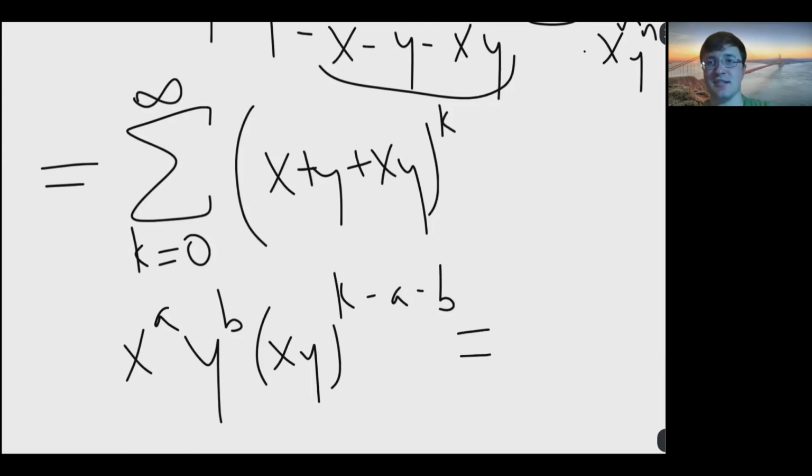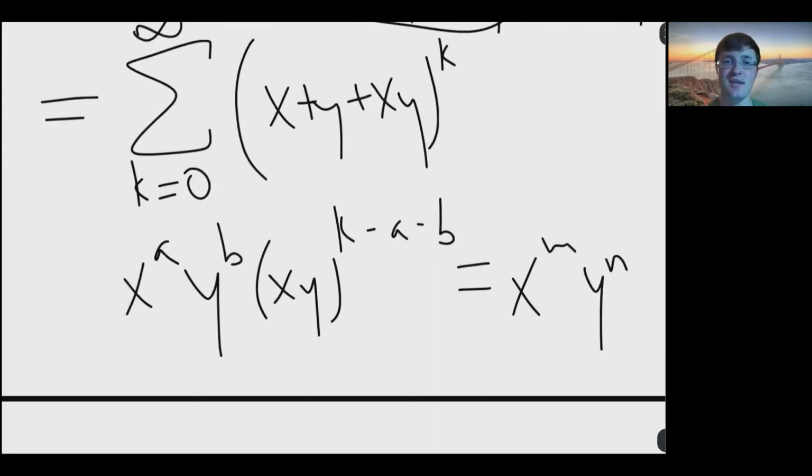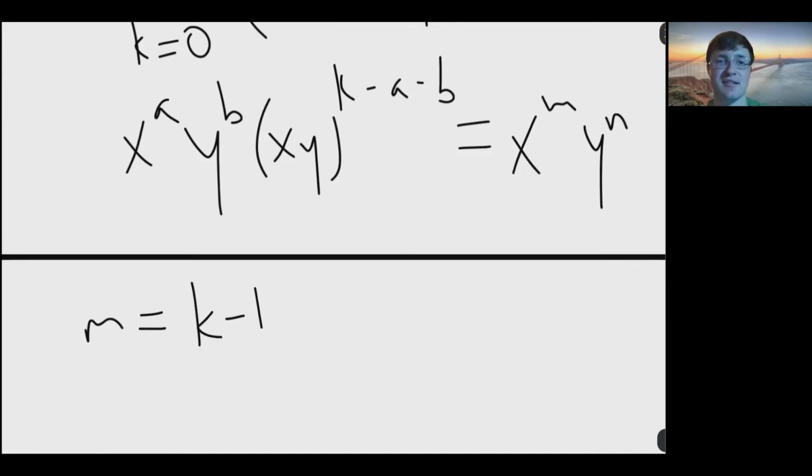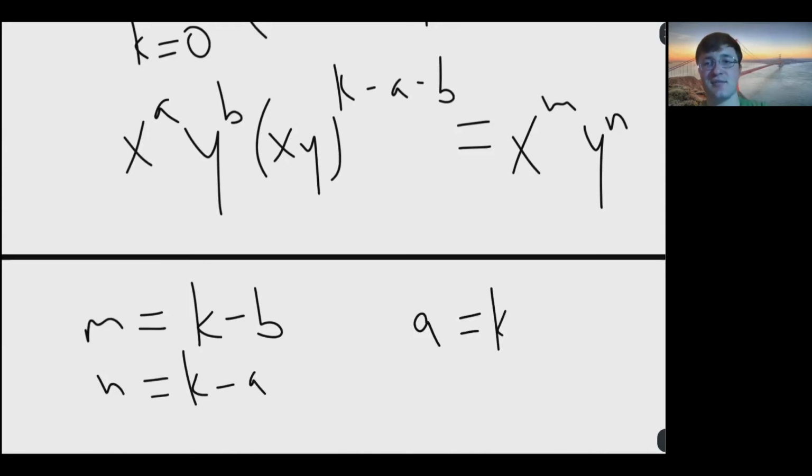And I want this to be equal to x to the m, y to the n. So what does that give me? Well, I equate the exponents, so m is, I have a x's and then k minus a minus b xy's, so m is k minus b, n is k minus a, so a is k minus n, b is k minus m.